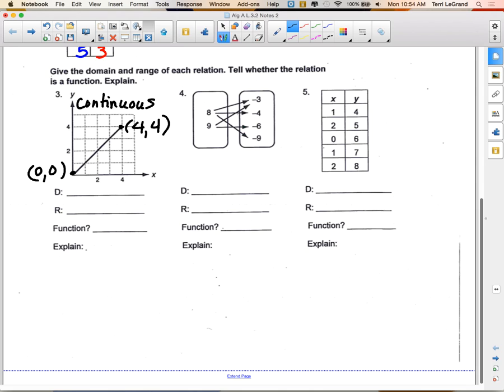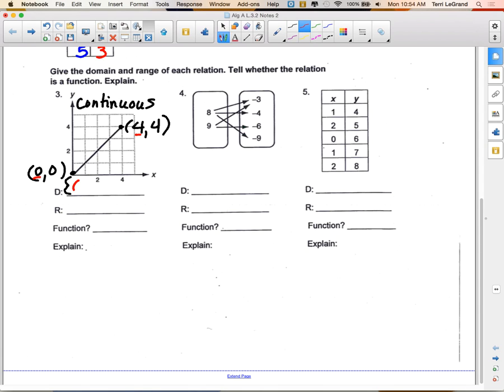The domain is made up of the x's or the y's? Or the whole words? Just the x's, okay? So I want you to make your set notation, your fancy little bracket. And x has to be between what two numbers? It's 0 and 4. So it has to be between 0 and 4.